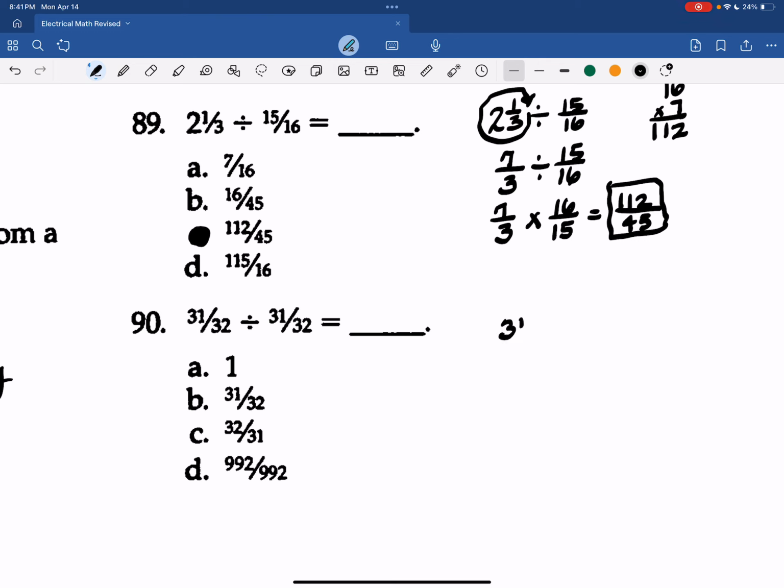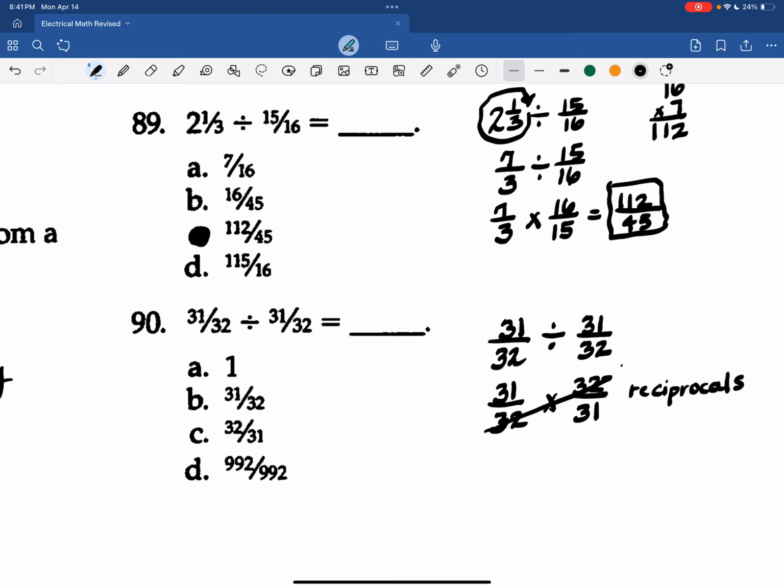31/32nds. You really don't even have to write this one out if you catch it in time. But I'm going to, because I want to show you what happens when you multiply reciprocals. These are true reciprocals that are being multiplied.